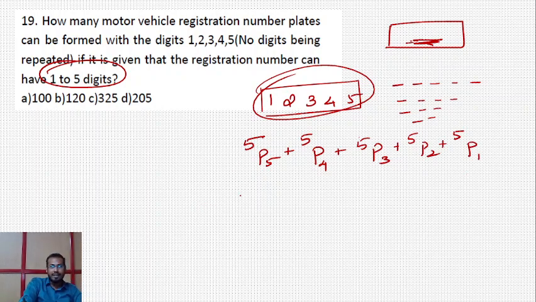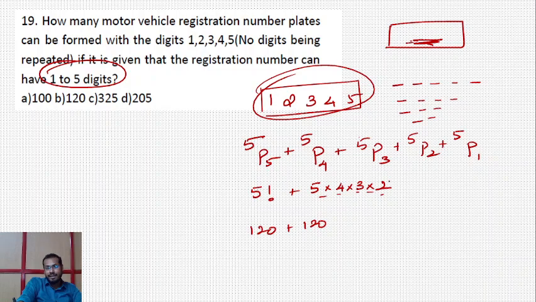5p5 is nothing but 5 factorial. 5 factorial is 120. And 5p4 is what? That means 5 into 4 into 3 into 2. Correct? Only 4 places, 5 numbers are there. So this is also 120. 5p3 means remove this, so 5 into 4 into 3. 5 into 4 is 20, 20 into 3 is 60.